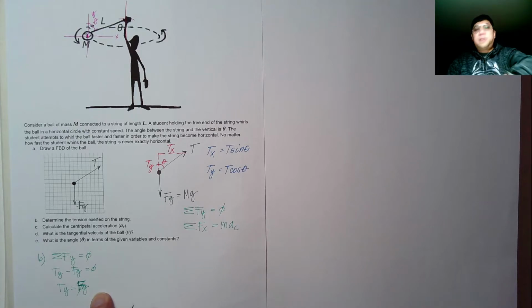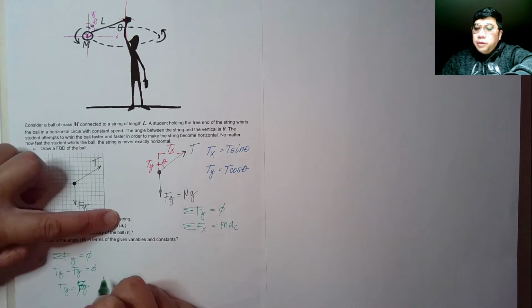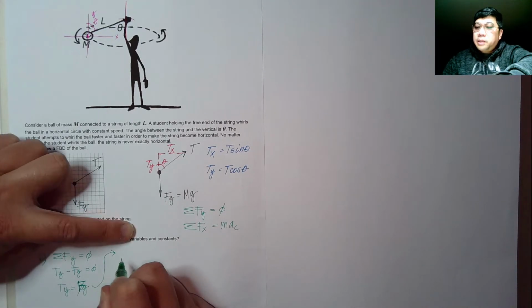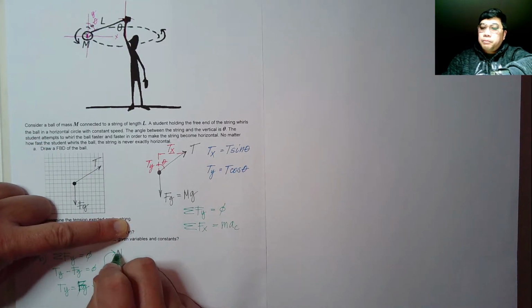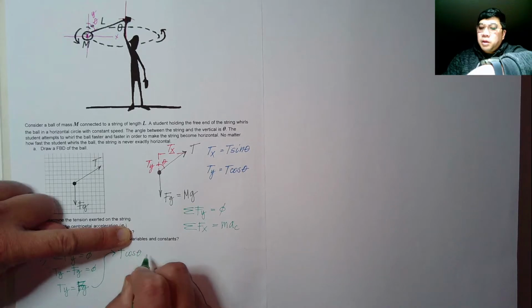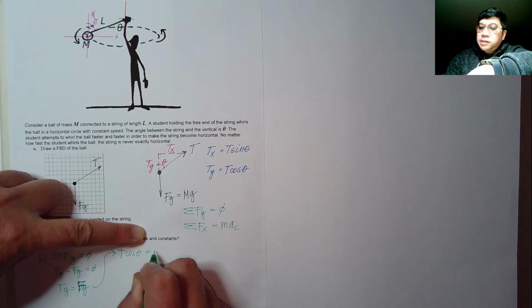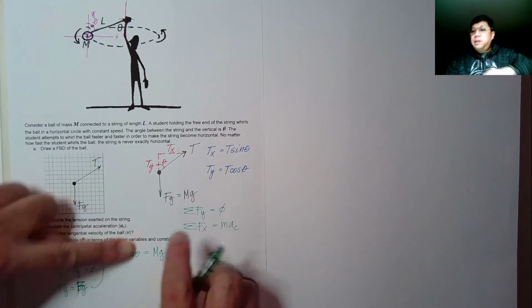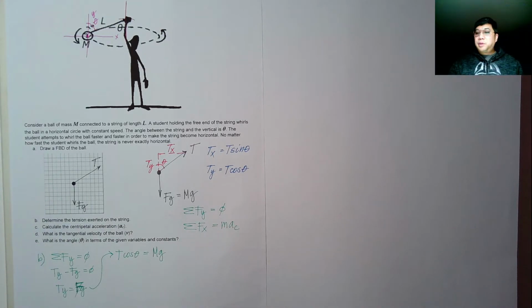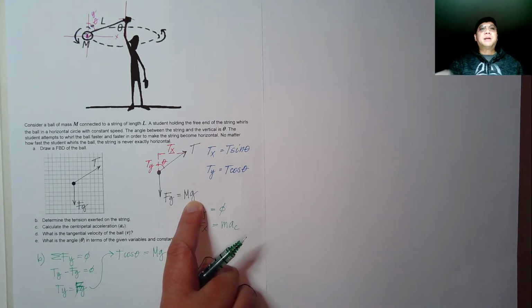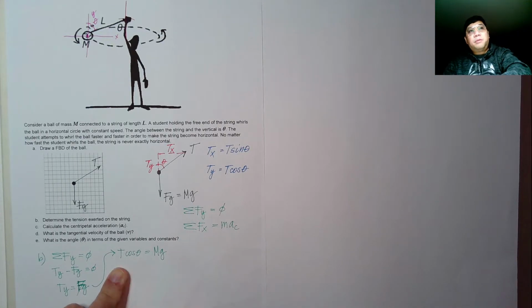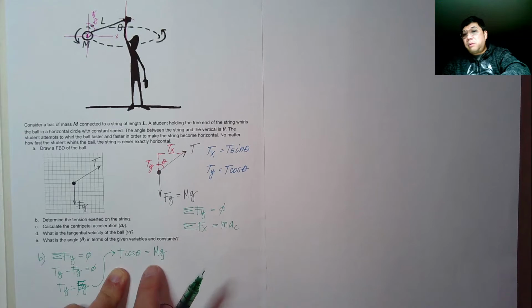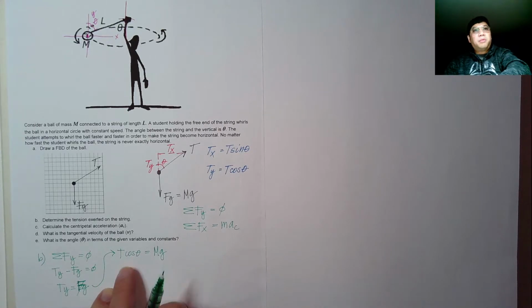So now we can continue: T sub y is basically T cosine theta, which is equivalent to mass times g, since F sub g is simply equivalent to mass times g. Now I want to get rid of anything close to the tension in order to get the value of tension by itself.